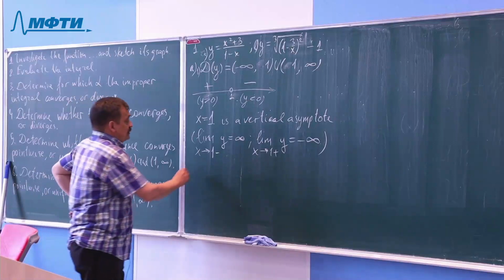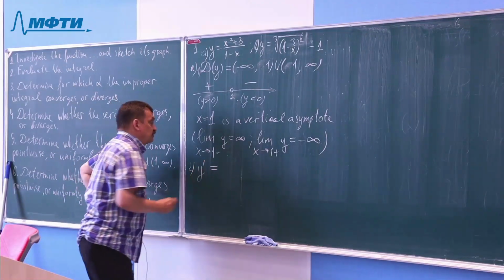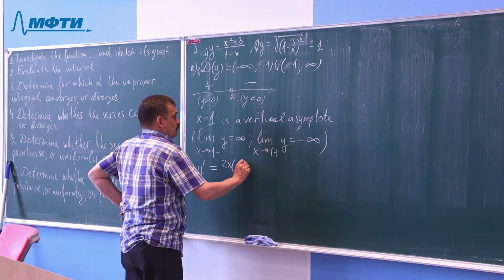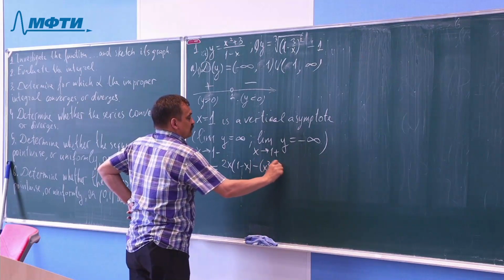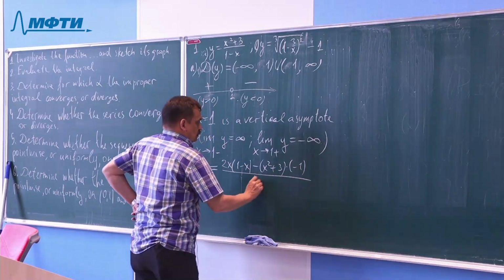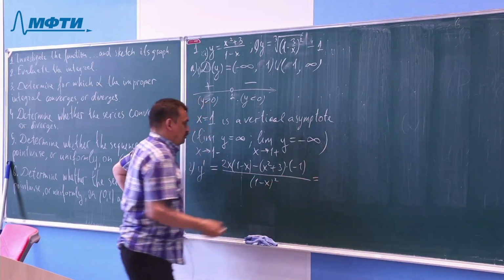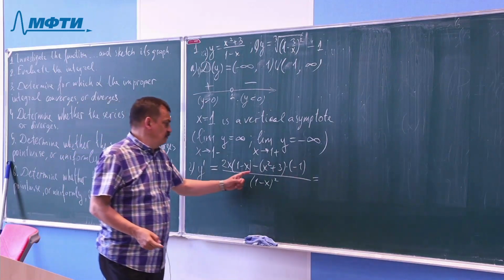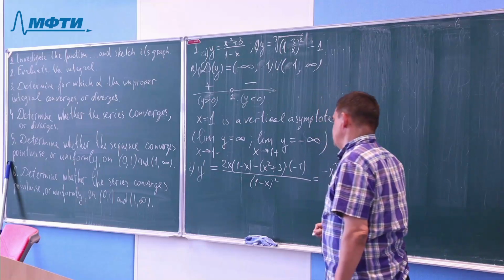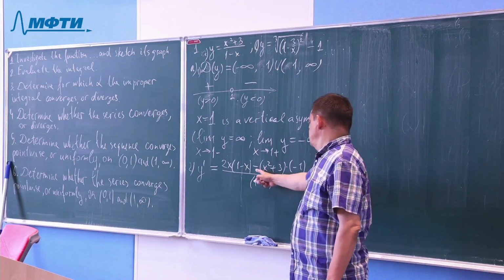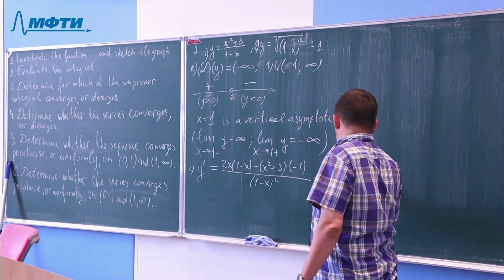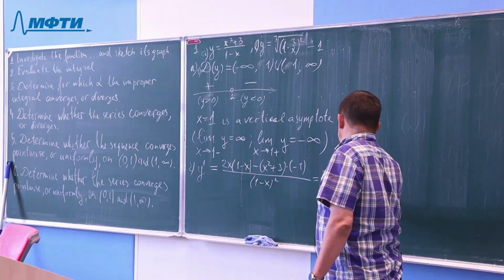Next point, let's consider the derivative. The derivative is 2x times (1 minus x) squared plus 3 times minus 1 minus x squared, or we can rewrite it as minus x squared plus 2x plus 3 over (x minus 1) squared.